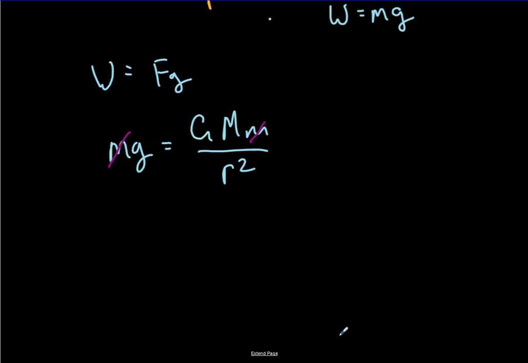But I'm digressing. So what we get out of this is a formula that we can use to predict g on a planet that we already know the mass of, or if we know the acceleration due to gravity, maybe we can then figure out the mass of the planet itself, all right? So this is a handy little formula that gives you some interesting information.